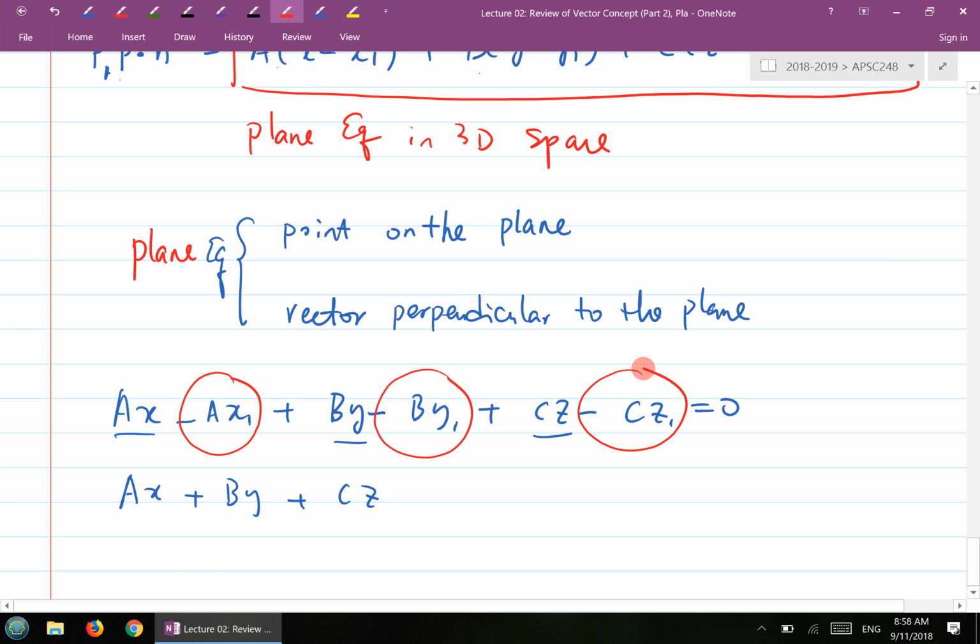And the rest of the terms are literally constants. If you have the point picked and the perpendicular vector chosen, then these three terms should be constant. It should be a constant term.